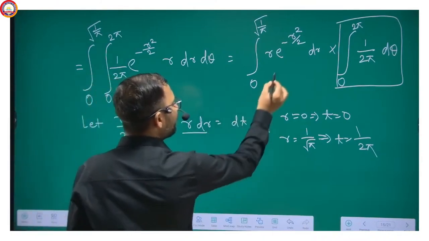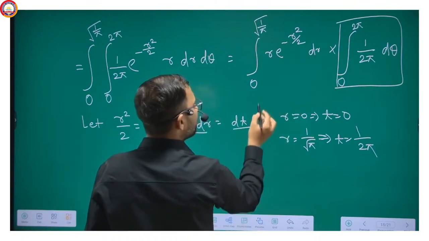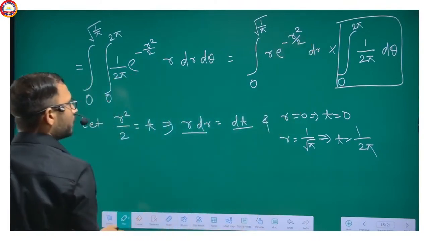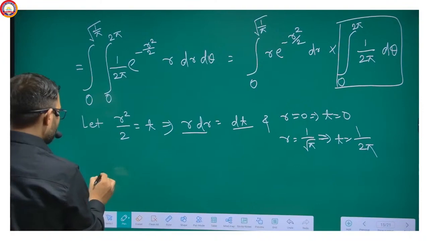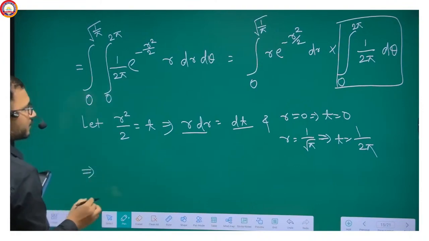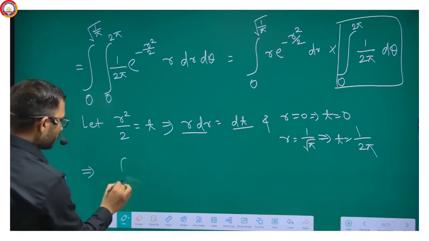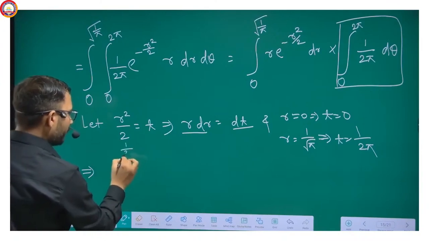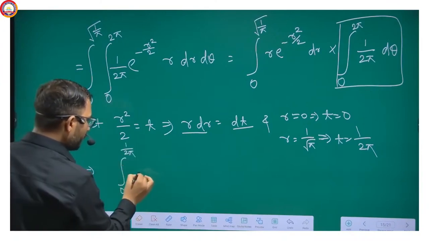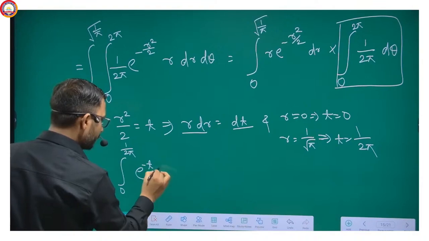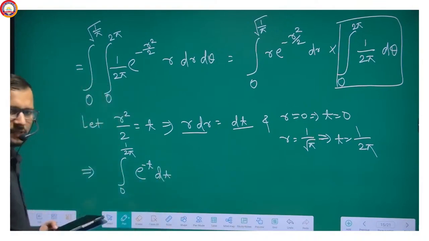So r dr will be replaced by dt, and e to the power minus r square by 2 will be replaced by something. So we will write this as integral from 0 to 1 by 2 pi of e to the power minus t dt, isn't it?